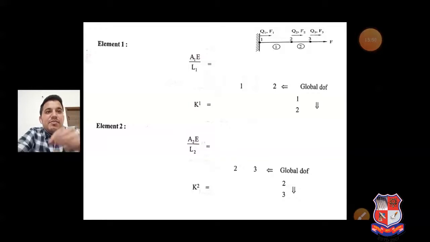For element number 1 we have to find E1 A1 over L1, but here we can directly write E because the material of both is the same.